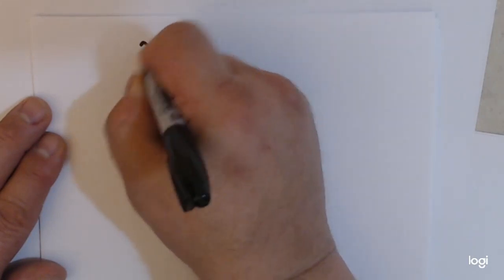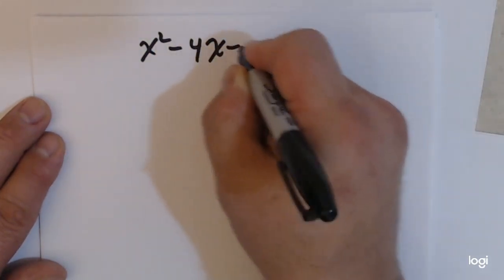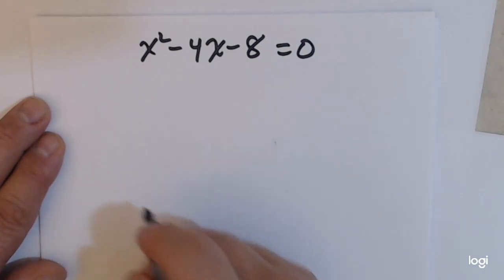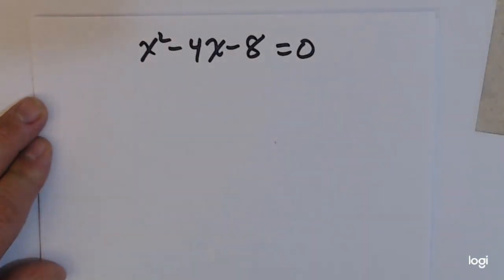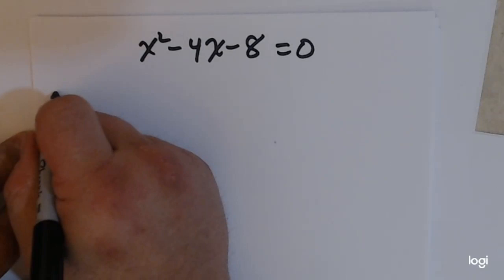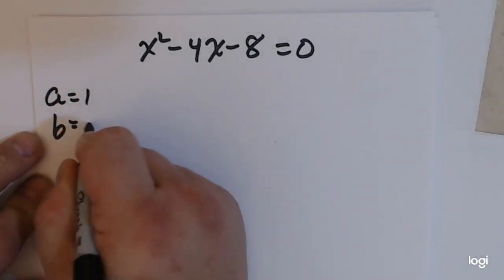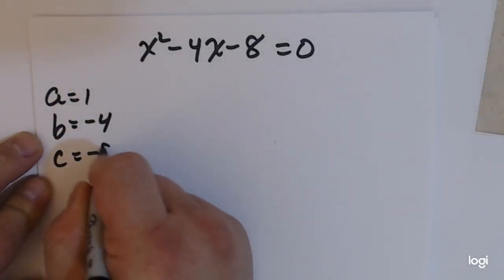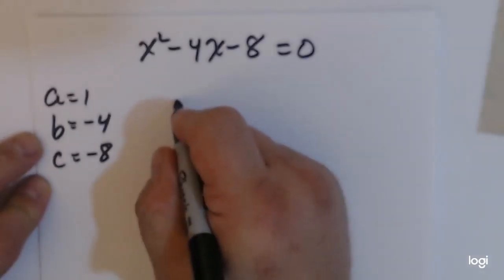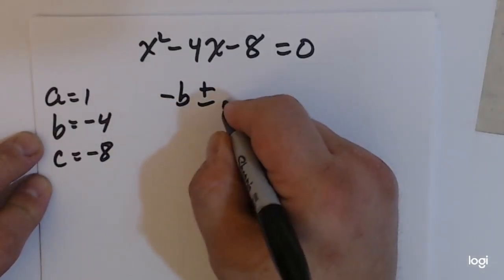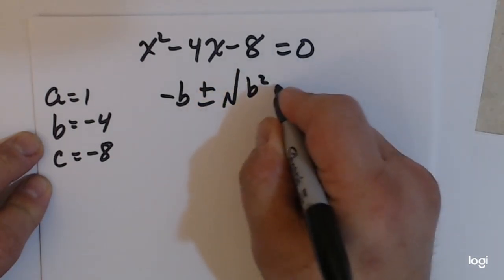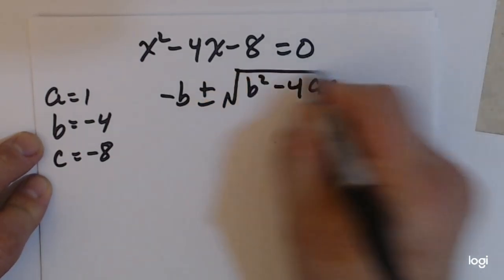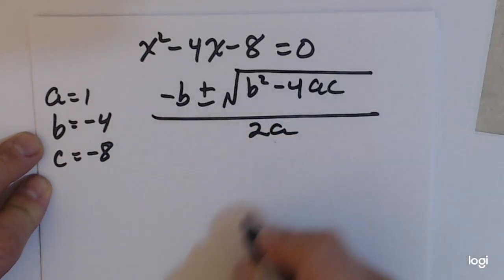Okay, let's see what we've got here. How about x squared minus 4x minus 8? x squared minus 4x minus 8 equals 0. So we know that a equals 1, b equals -4, c equals -8, and our quadratic formula is -b plus or minus the square root of b squared minus 4ac all over 2a.